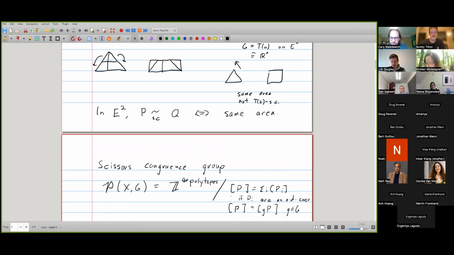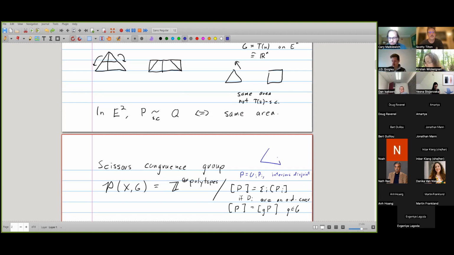So first, the class of P is the sum of the classes of the P_i if the P_i form an almost disjoint cover of P. In other words, as I said earlier, if P is the union of those P_i and the interiors of the P_i are disjoint.